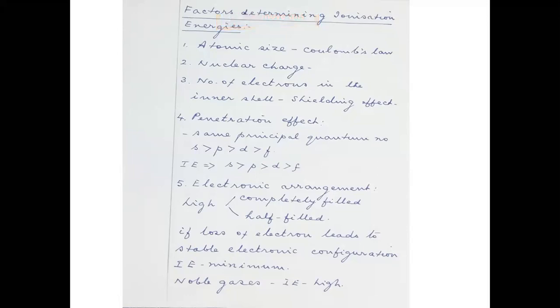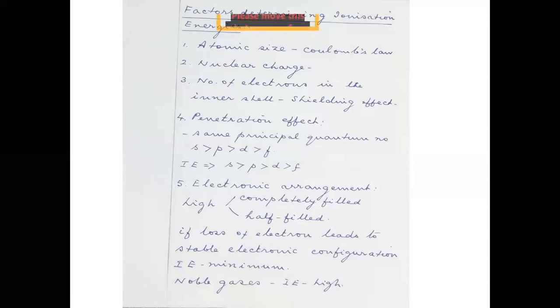And the fourth factor is the penetrating effect. Penetrating effect means the penetration of the orbital into the nucleus. See, the s orbital is very close to the nucleus, which gives it more penetrating power. This penetration effect is discussed for orbitals with the same principal quantum number. You should never compare 1s and 2p or 3d or 4f. Everything should be compared with the same principal quantum number.